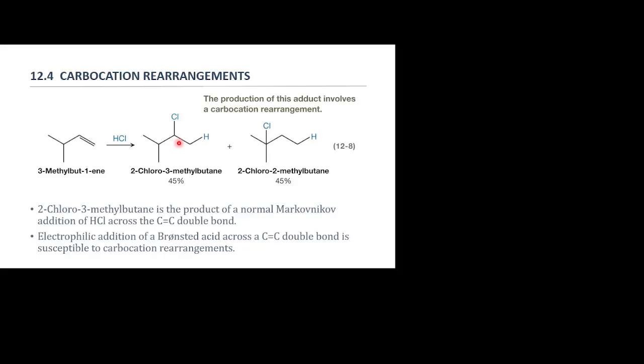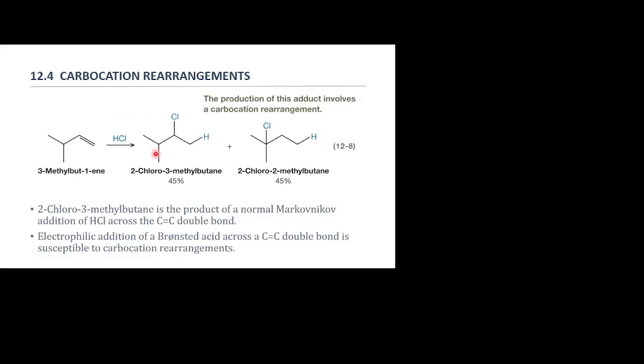Okay, so right here you're going to make that carbocation, and that would be a secondary carbocation. A secondary carbocation is less stable than a tertiary. So what can happen here is this has a hydrogen, and this can do what's called a hydride shift.